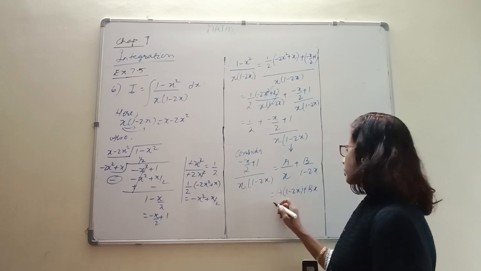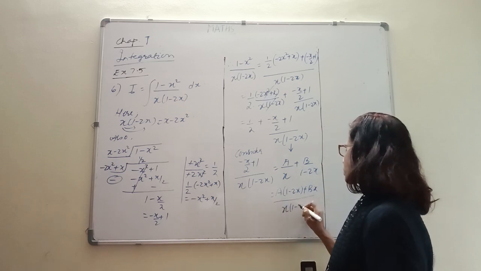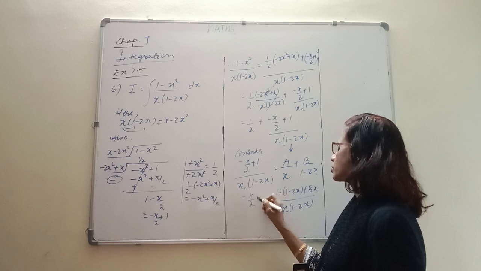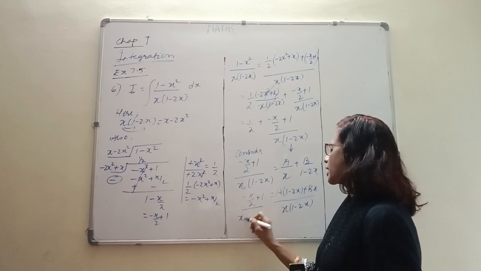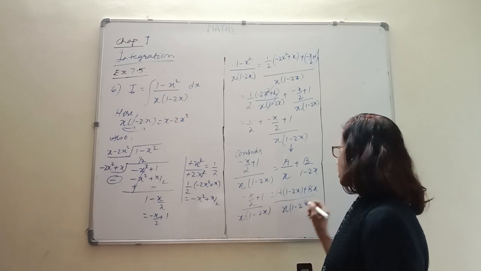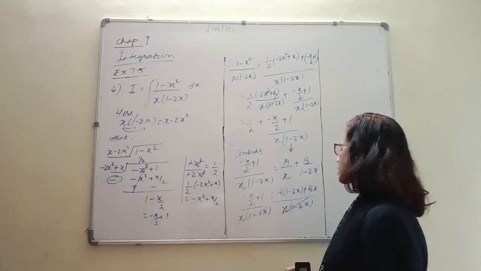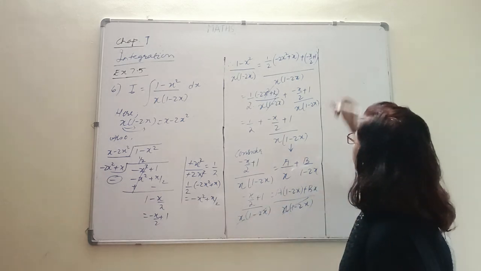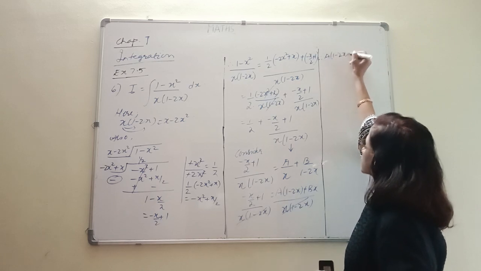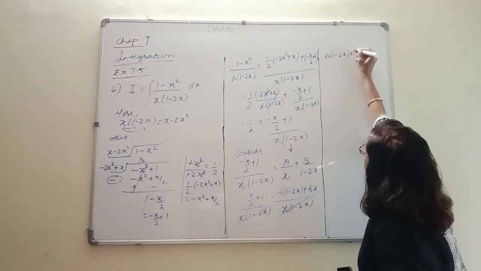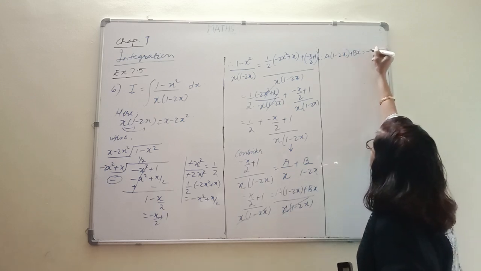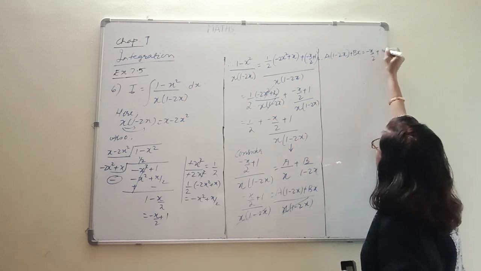Also you will have x times (1 minus 2x) as the common denominator. Both the denominators cancel each other and therefore you are left with the expression A times (1 minus 2x) plus Bx equal to minus x over 2 plus 1.